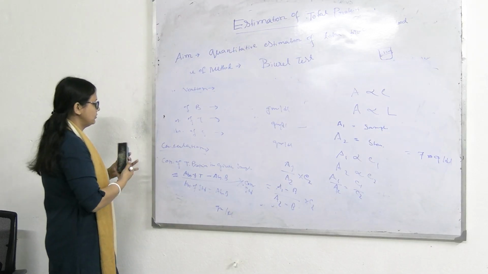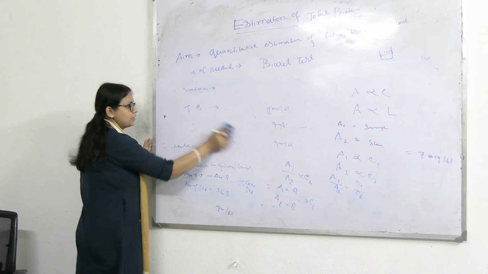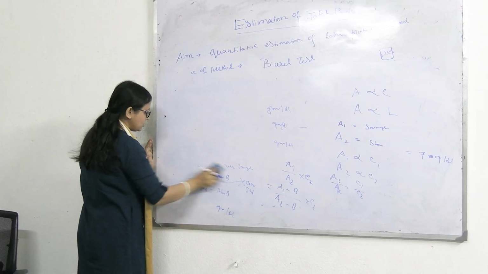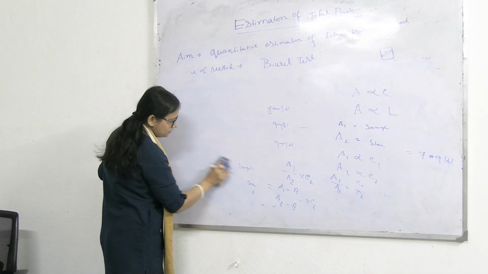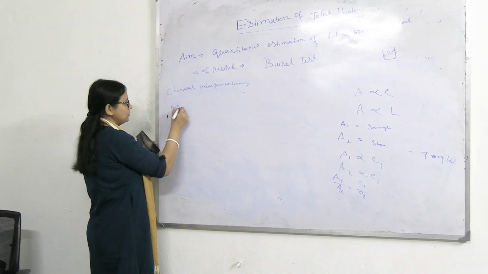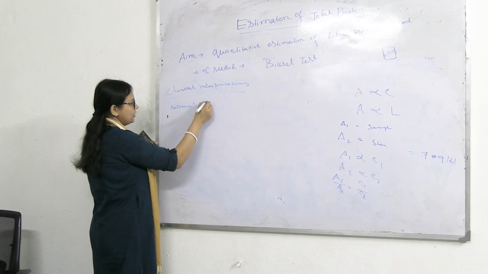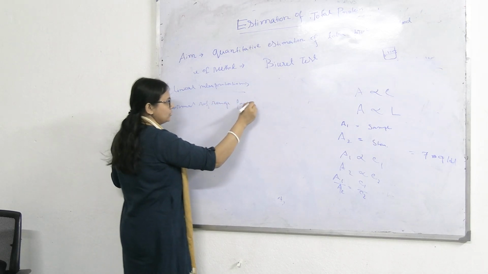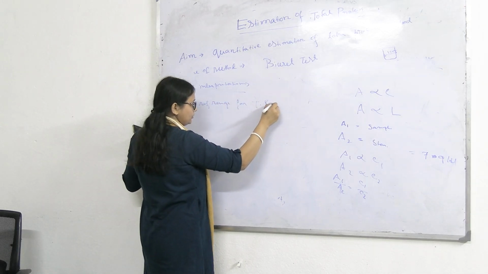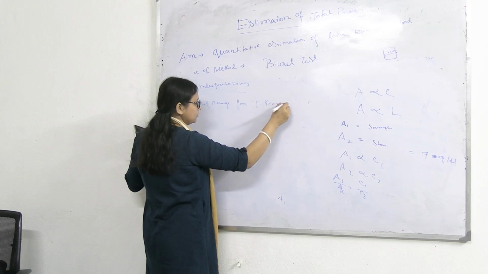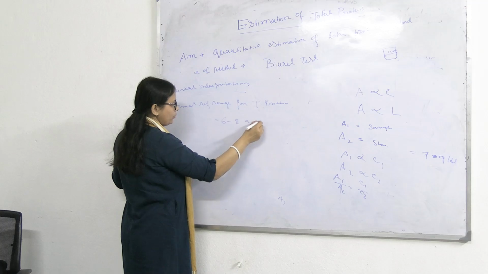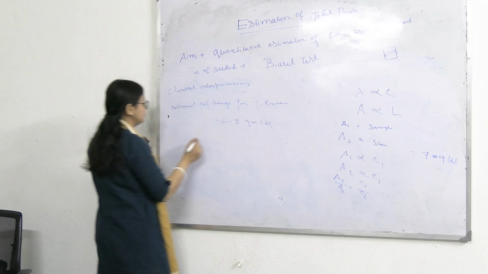After calculation, clinical interpretation. What is the normal reference range of total protein in blood? Normal reference range for total protein কত? 6 to 8 gram per dl.